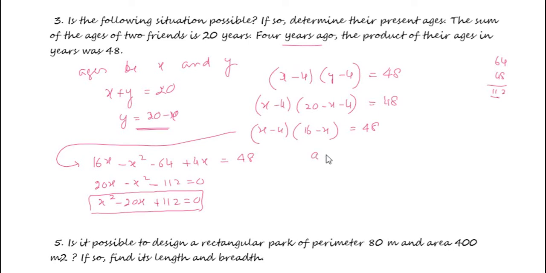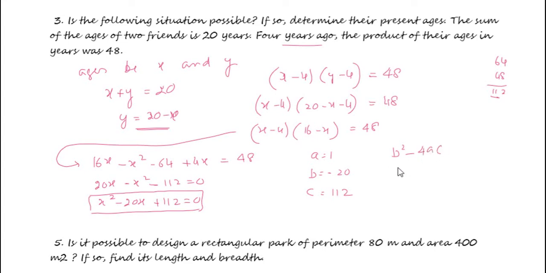Here a equal to 1, b equal to minus 20, c equal to 112. We need to find b square minus 4ac.